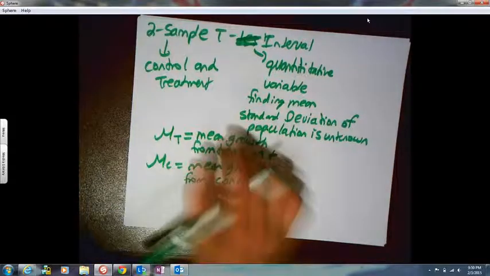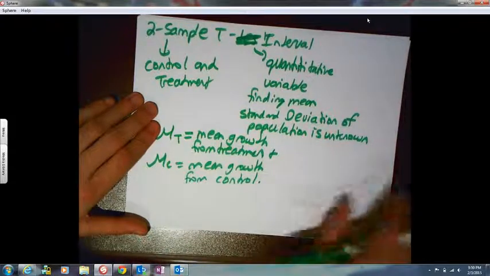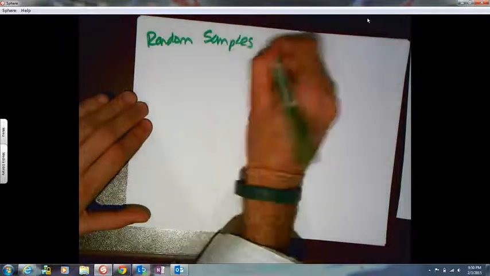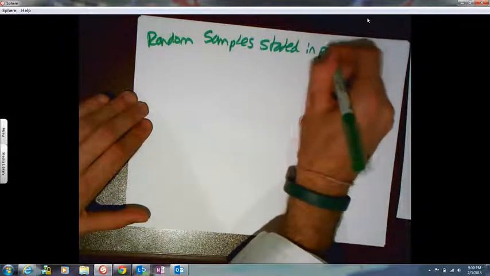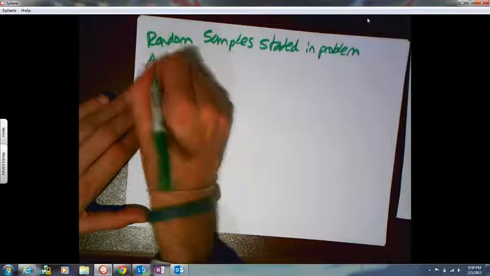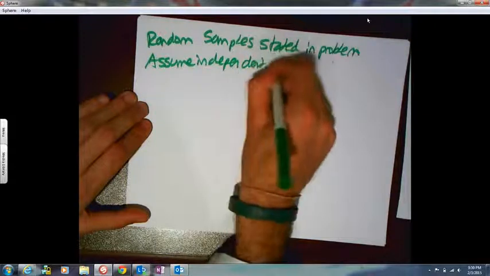Now you have to do the conditions. Remember, for a t interval there are 3 conditions we want to talk about here. The first condition is random samples, stated in the problem. Assume independent: one sample does not affect the other.